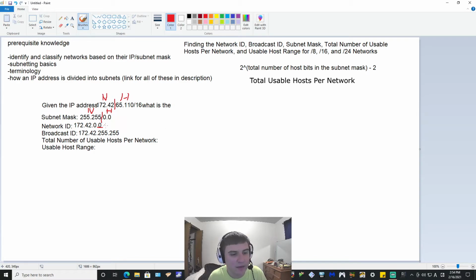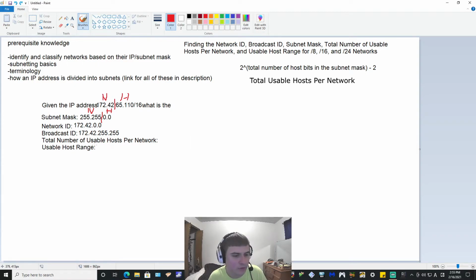If you were to add another one, this number in the fourth octet would go back to 0, and this octet here would become 1. So it could be 172.42.1.1, then 172.42.1.2, then 172.42.2.1, and 172.42.2.5. They both go all the way up to 255. All right.